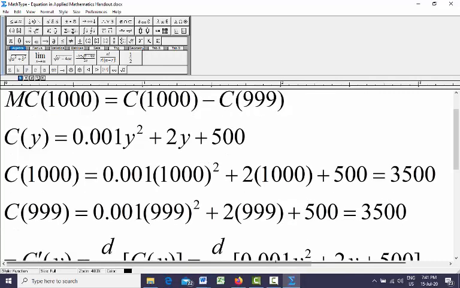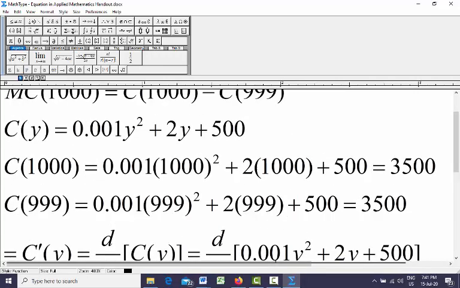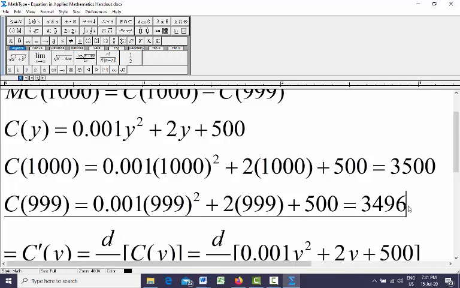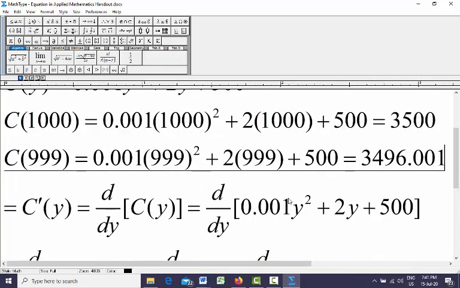So now let us calculate. 2 multiplied by 999, 500. So now we got 3496.001.